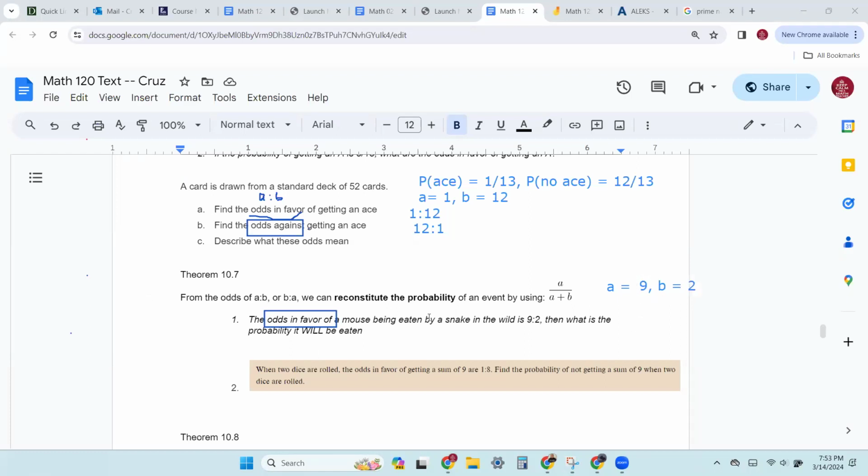So then we can find the probability that the mouse will be eaten. It's going to simply be A over A plus B. So in this case, the A is 9.